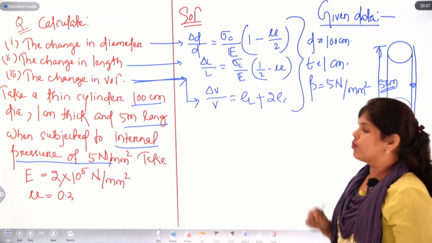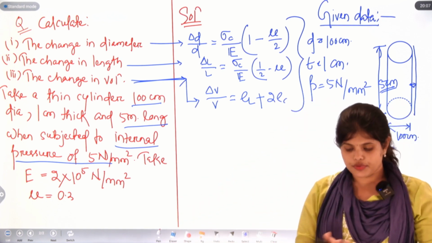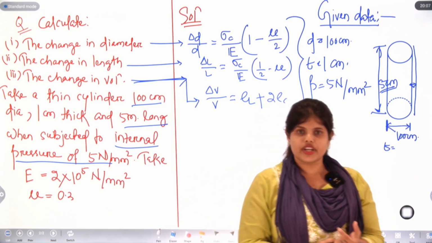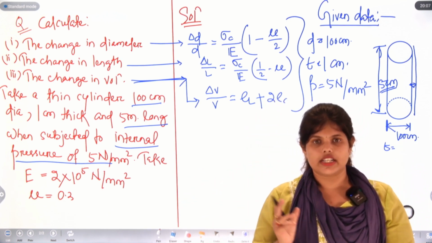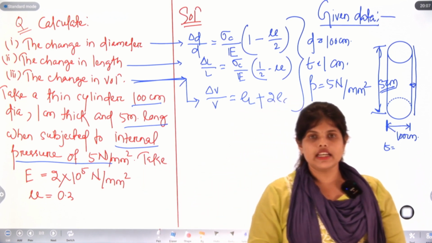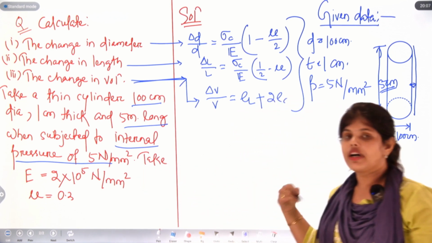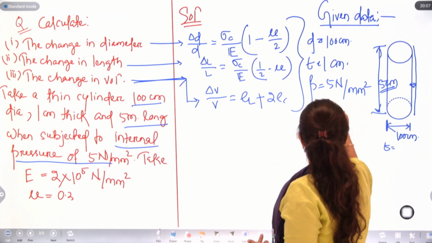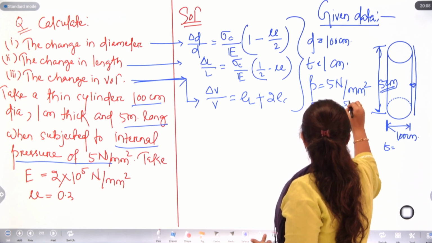And we also need to calculate the strain. How to calculate strain? Stress upon the elastic constant, that is Young's modulus. So, we will calculate sigma C, and here we have our E, Young's modulus, as 2 into 10 to the power 5.